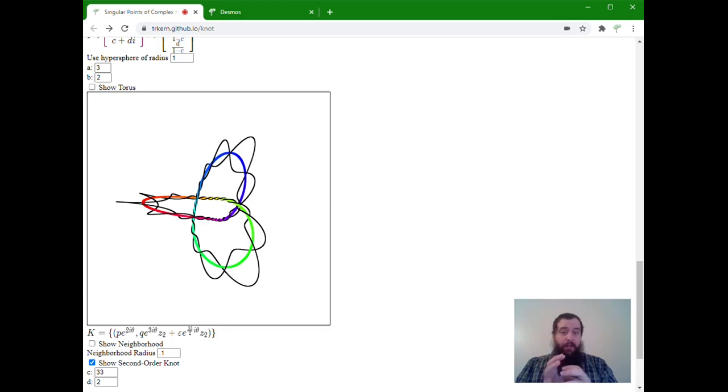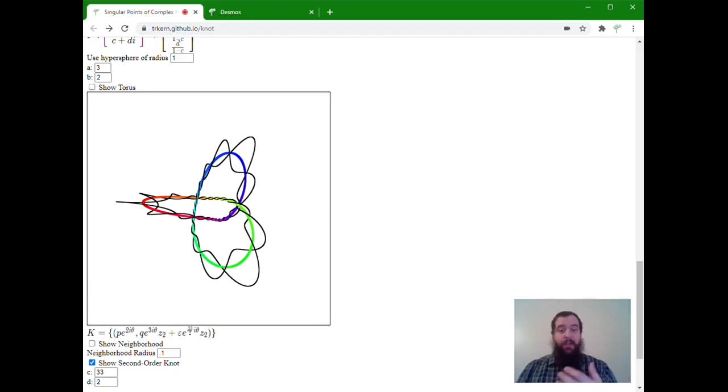But to take a singular point and take the hypersphere around that singular point and do this intersection process and this projection process, why can we believe that we can get this black knot here that spirals around? Why do we believe that we can get that out of this process?